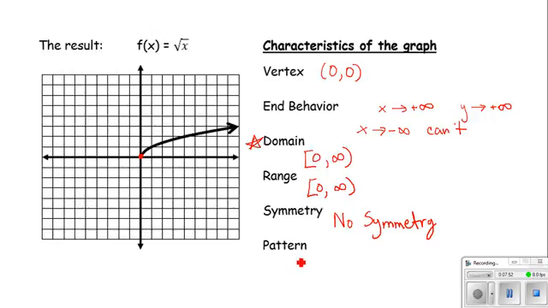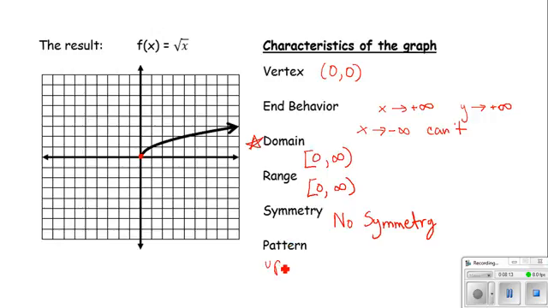The only difference is we're going to change what goes up and down and what goes left and right. If you remember, for a parabola, we would start at our vertex, and if I went over 1, then I would go up 1 squared. If I went over 2, then I would go up 2 squared. It's going to still be this pattern, but we're going to switch the up and the over.